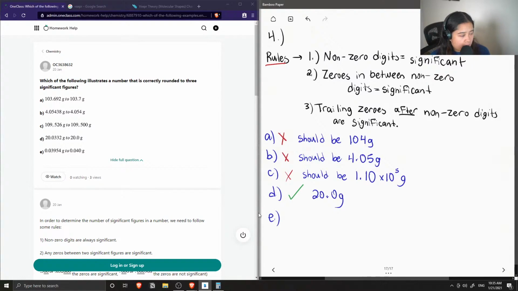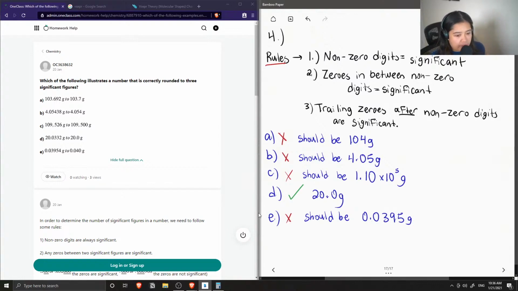And now let's look at E, 0.03954 to 0.040 grams. So this is incorrect. There are only 2 significant figures in their answer. So the answer should be 0.0395 grams.